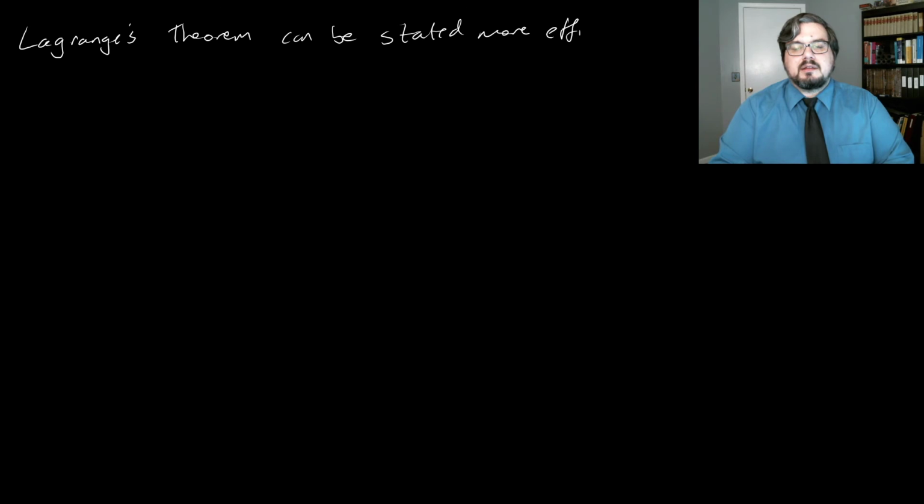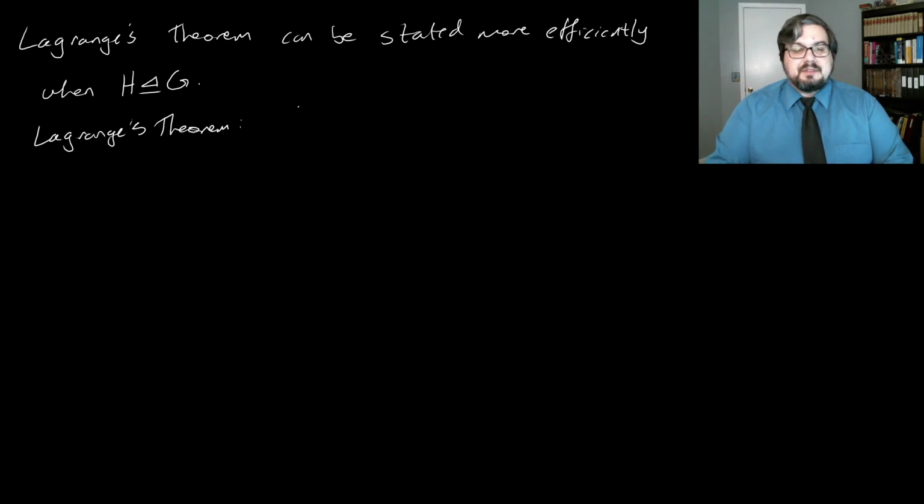All right, quick remark. Lagrange's theorem can be stated more efficiently when the subgroup H we're looking at is a normal subgroup of G. Remember that Lagrange's theorem, the standard form of it, says that the index of H in G is equal to the order of G divided by the order of H, if these are all finite.